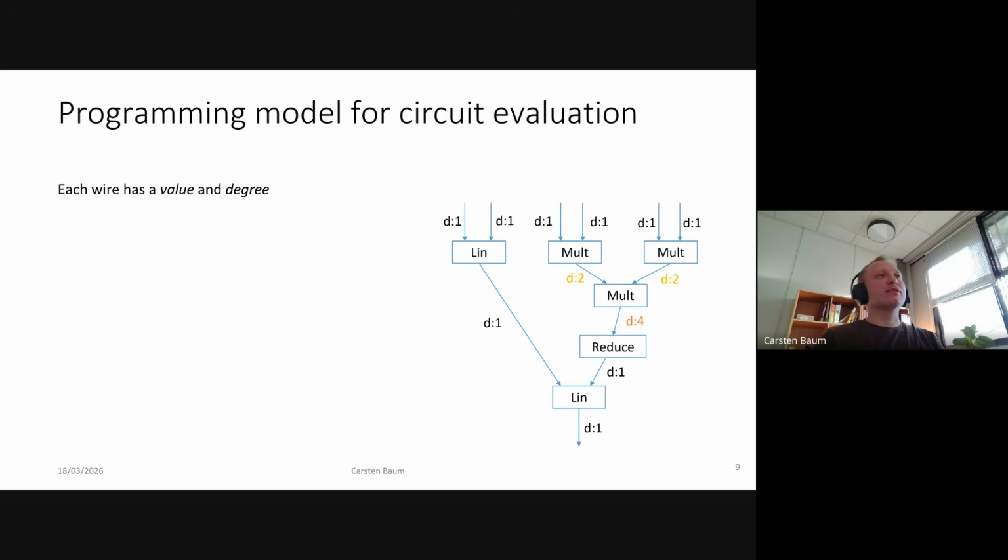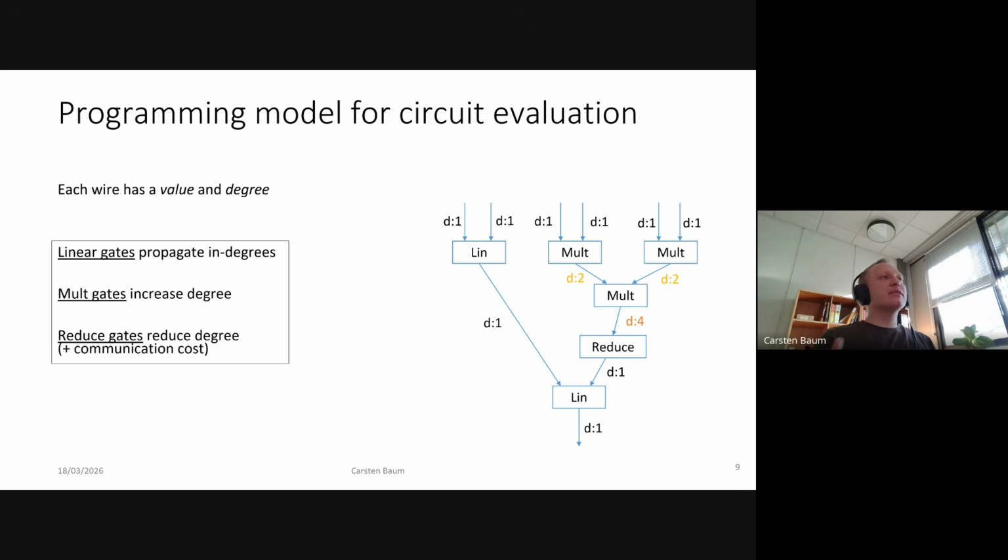You could think about it as follows: every wire in your circuit has a degree, and your input degree is actually 1, because you start with commitments that are linear equations, so to say. Whenever you do an addition or a multiplication, you either keep the degree of your commitments going in, or you increase the degree.